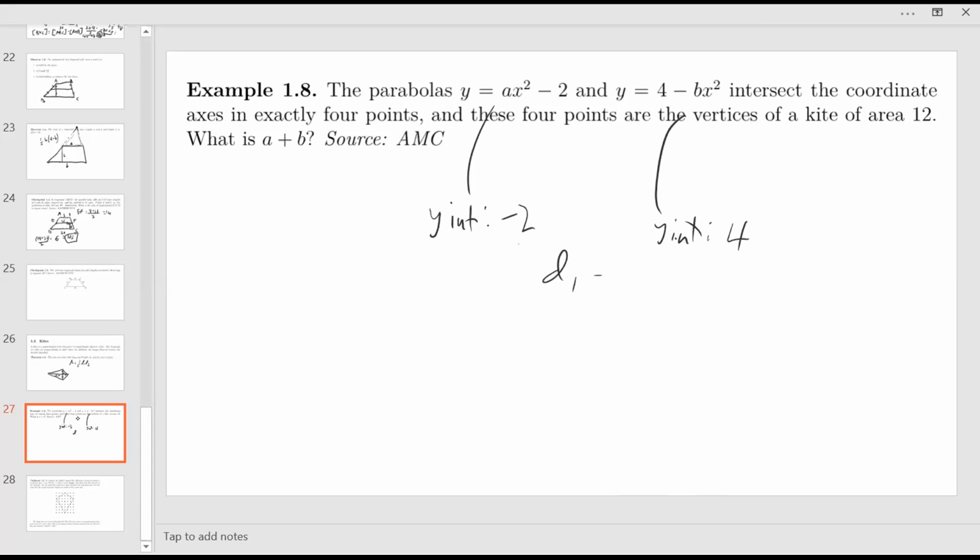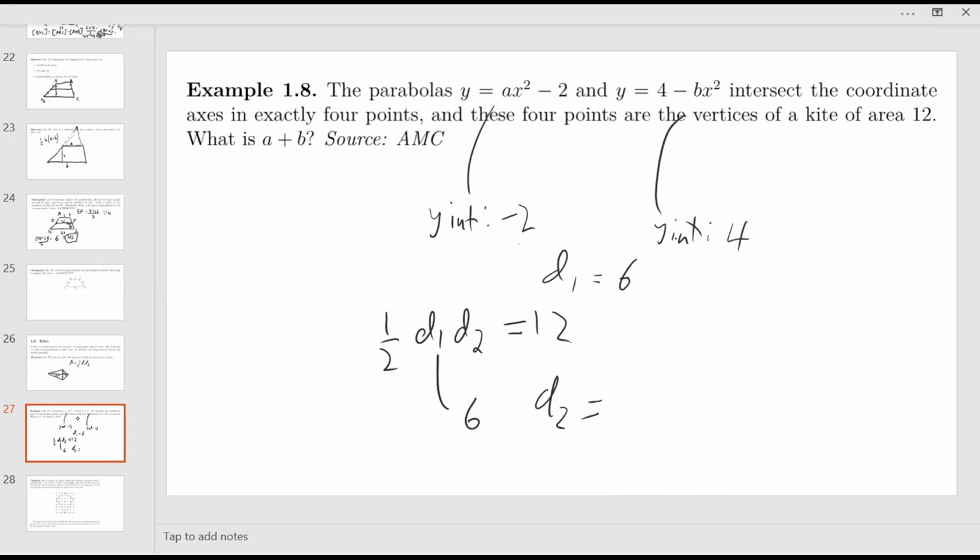So one of the diagonals has length 6, or 4 minus -2. Now since we know the area of the kite is 1/2 times d1 d2 is equal to 12, and we know d1 is 6, we can find d2, and we find that d2 is 4.